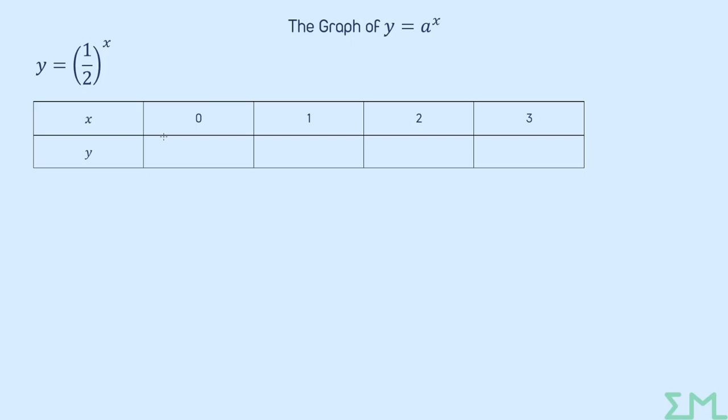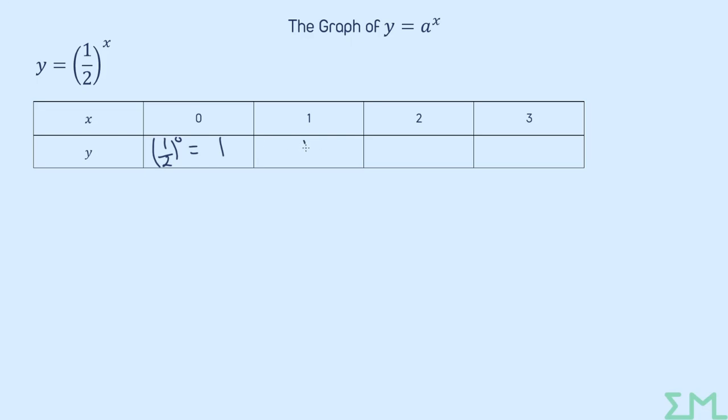So we're going to do the same thing here. Just going to stick our x values in so we can get a feel for what's going on. Before I start filling this out, just have a little think to yourself, how is this going to look the same and how is it going to look different to our last example? If our base number is a half this time, it should make a fairly simple change to what we see. Okay, so a half to the 0, put brackets around that, that's going to give us a value of 1.